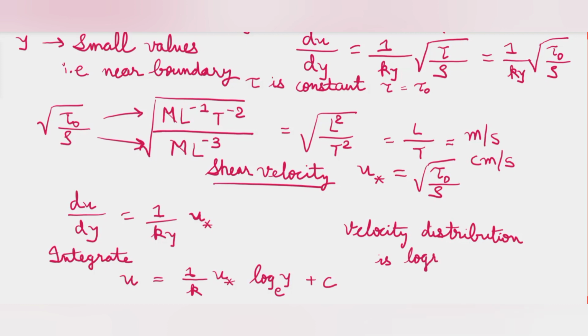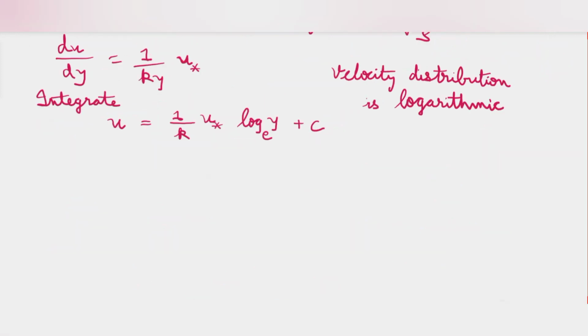When we were deriving viscous flow through a circular pipe, we had seen a boundary condition: at y equal to r, we have maximum velocity, that is u equal to u max. Here we'll just use that. So u max is equal to u star by k, y replaced by r, log r to the base e plus c.